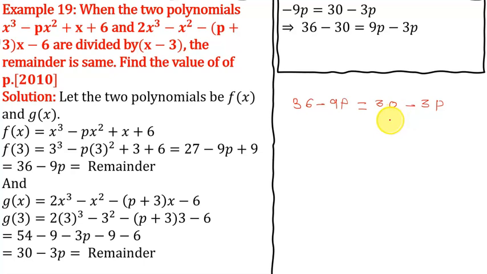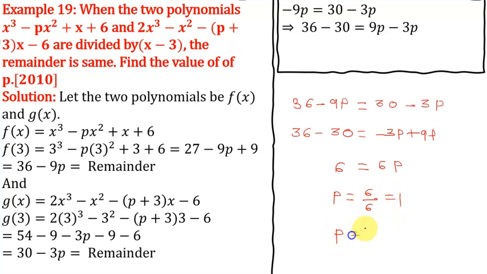Okay, and then after simplification, take this 30 to the left hand side. Minus 3p plus 9p, overall you will have 6p and 6, and hence p is equal to 6 upon 6, and that equals 1, and hence p is equal to 1 here.